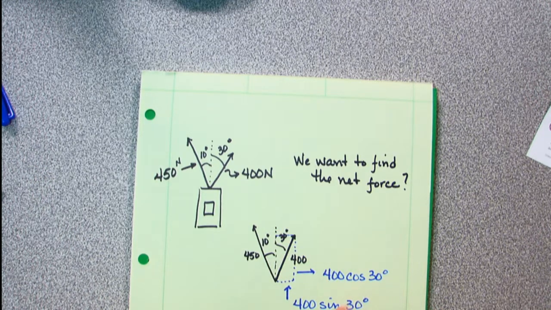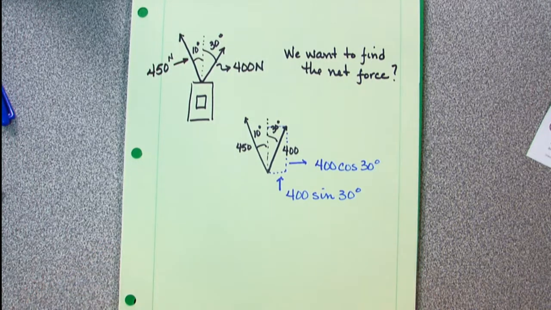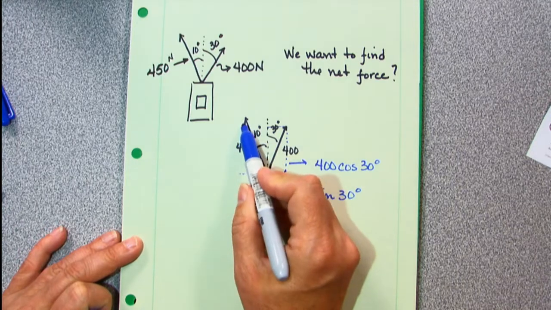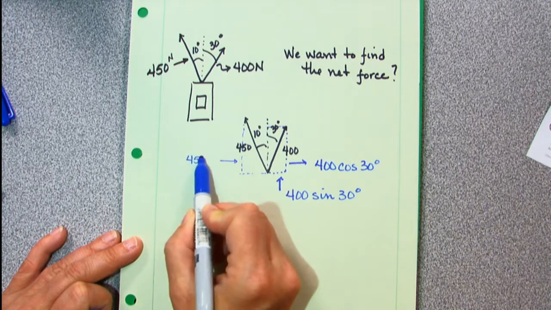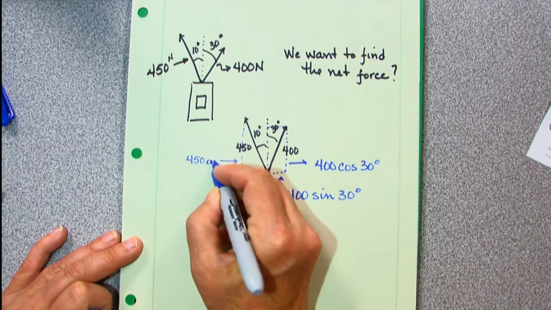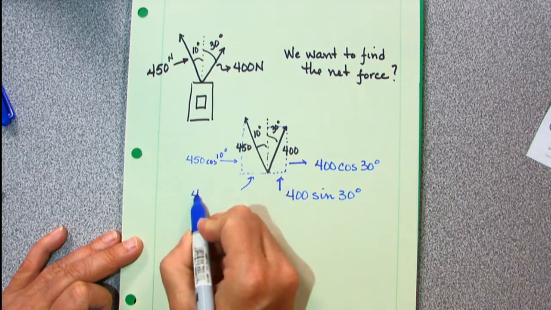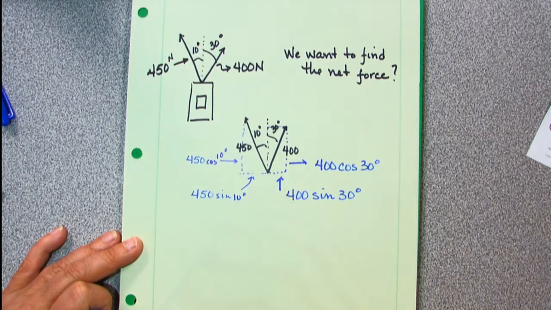So my cosines and sines are reversed from what we normally think of because I'm working with this angle. I'm going to do the same thing over here. This side is 450 cosine 10 degrees, and this side is 450 sine 10 degrees.